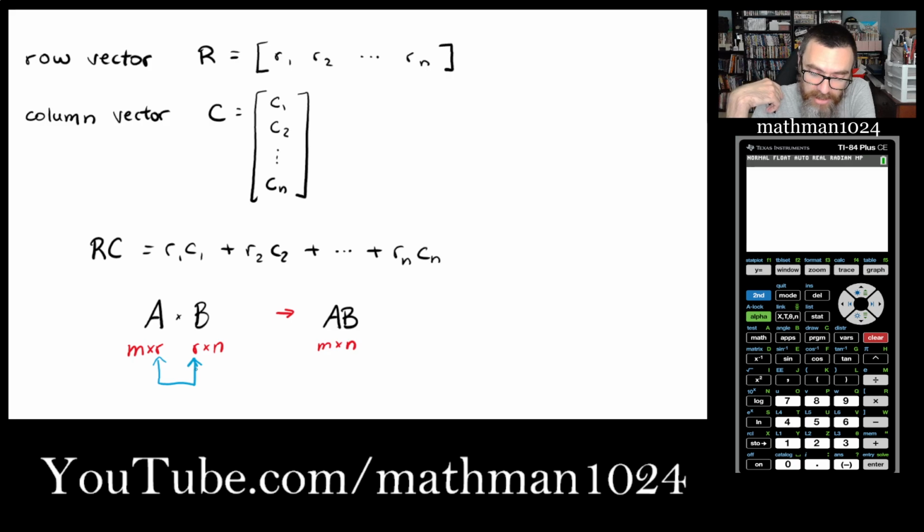And so the product is going to be taking all of the ith rows from A times all the jth columns in B, and we form each entry like that.